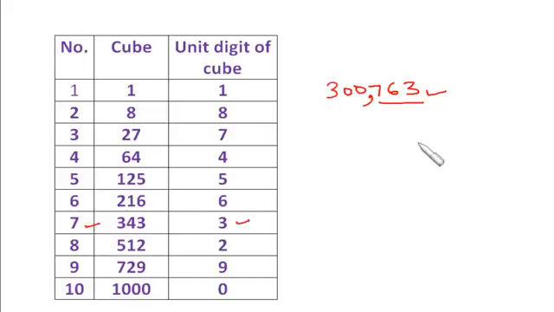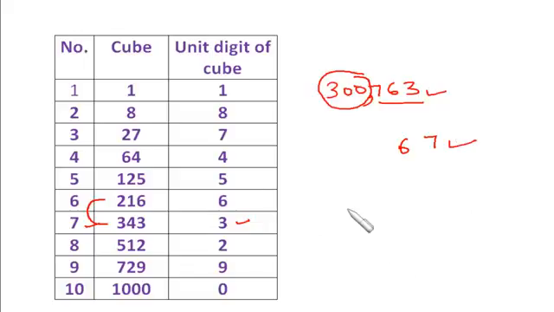So the cube root of this number will definitely be 7 at the units place. So we are clear with the units place. Now 300 lies between the cubes of 6 and 7. It's between 216 and 343. So the tens digit will obviously be 6. So the cube root of 300763 will be 67.